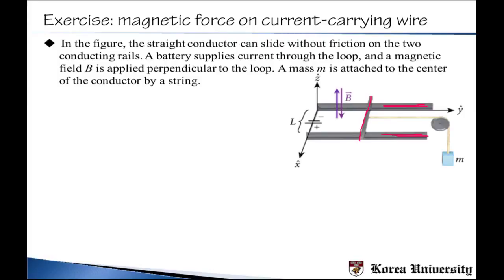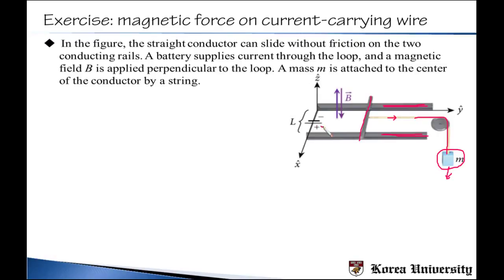It can move left or right. And it is also connected to a string and also to the mass M. So by the gravitational force, it may be pulled to the right. And these two rails are connected to a battery.